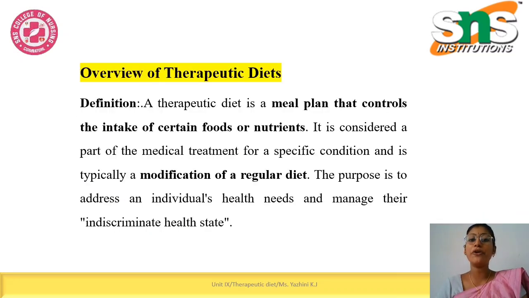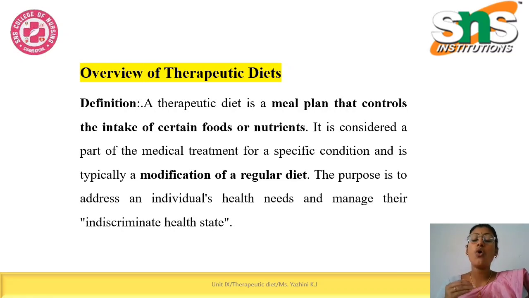Overview of therapeutic diet. Let's begin with the definition. A therapeutic diet is a specialized meal plan designed to control the intake of certain foods or nutrients, tailored to manage specific medical conditions. Think of it as a modified version of a regular diet, which is prescribed by a physician and carefully planned by the dietitians.